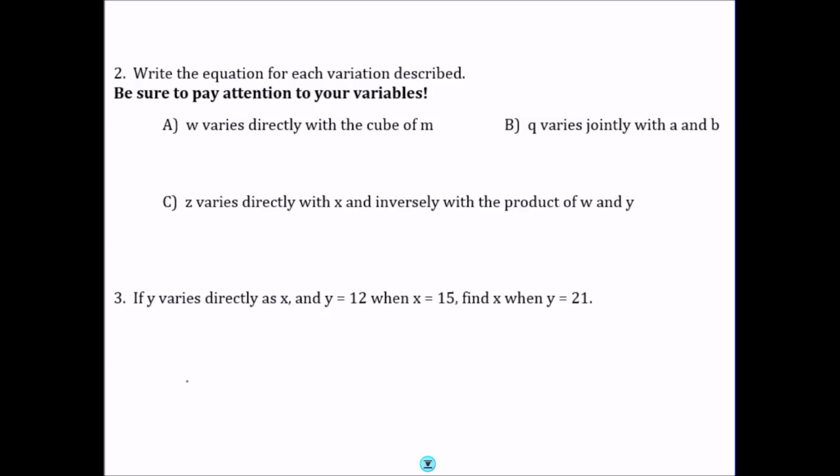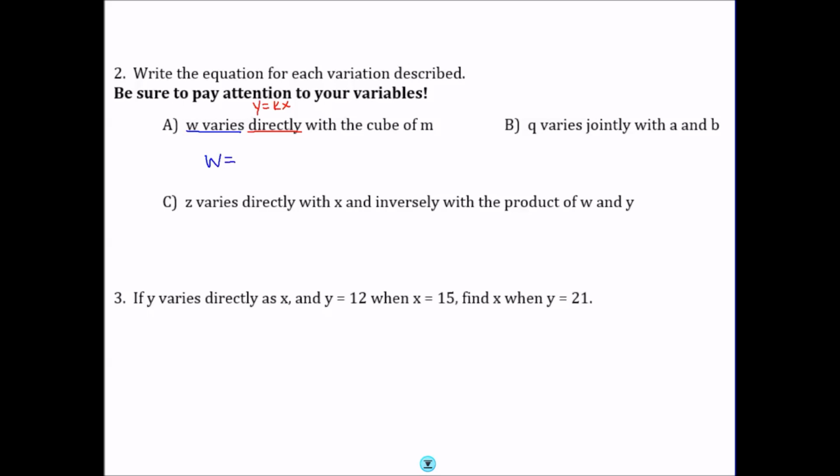The first one says w varies directly with the cube of m. So we have a couple keywords here. Directly. That tells us that we're going to use the formula y equals kx. The fact that we have w varies means we're going to have w equals.